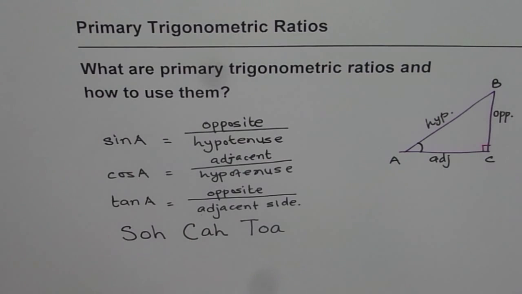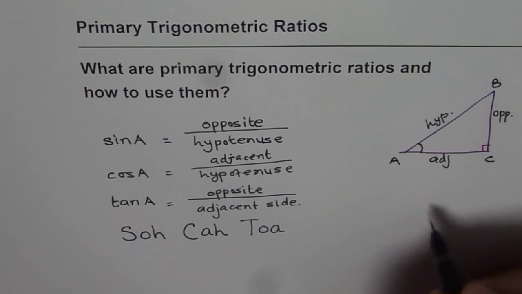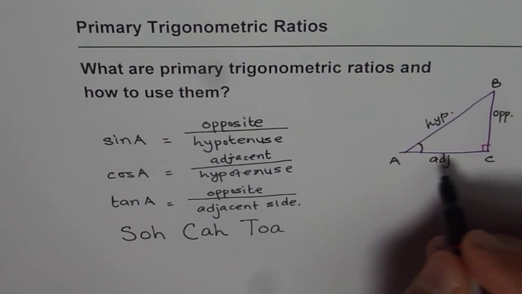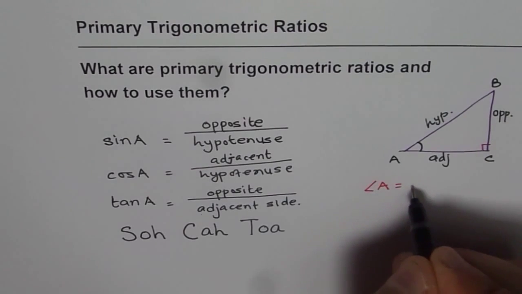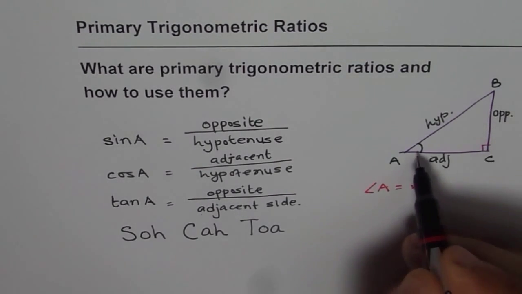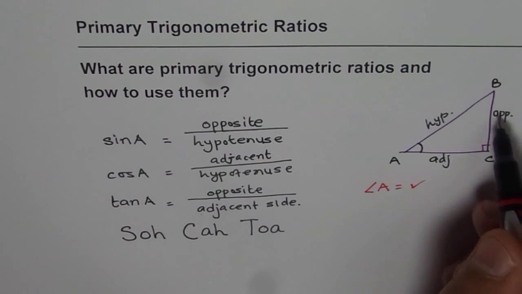Now how to use them? We can always solve a right triangle using these three primary trigonometric ratios. In a right triangle we of course know one of the angles is 90 degrees. So if we know an acute angle, let us say angle A is known to us, in that case we need to know one more side to solve the problem.